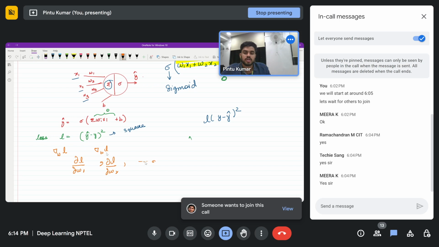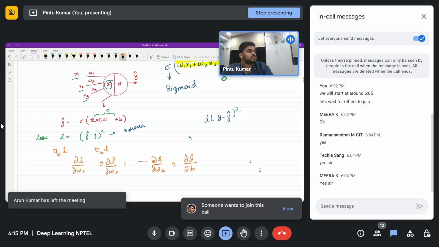There are three terms only right here, but there can be more terms. So let's say del L by del WK, and then one more term that we have to find is del L by del B. So this is the task that we have.